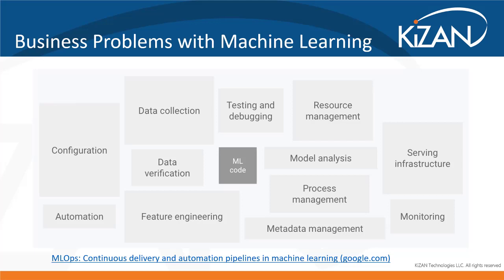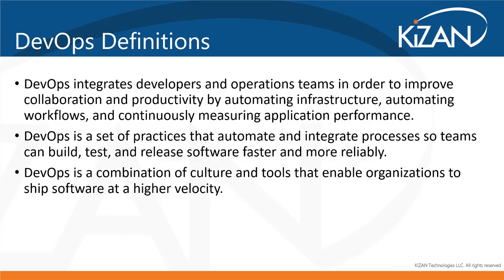To lay the foundation, we need to review what DevOps is and how it can be applied to machine learning. There are many different definitions when asked what is DevOps. The definitions listed here are lifted from various sources and organizations.